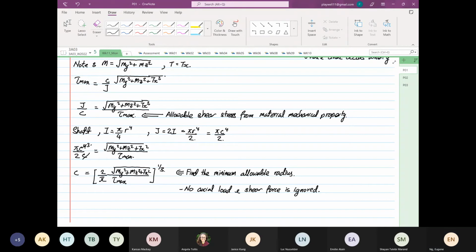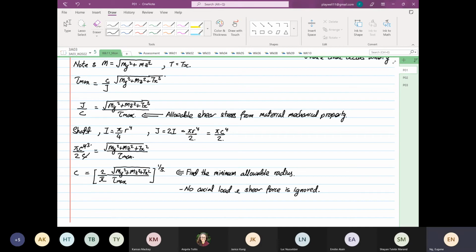This is different because we have to analyze multiple points, moments, and torque, because we don't know where the maximum moment is, or where the maximum torque is acting.